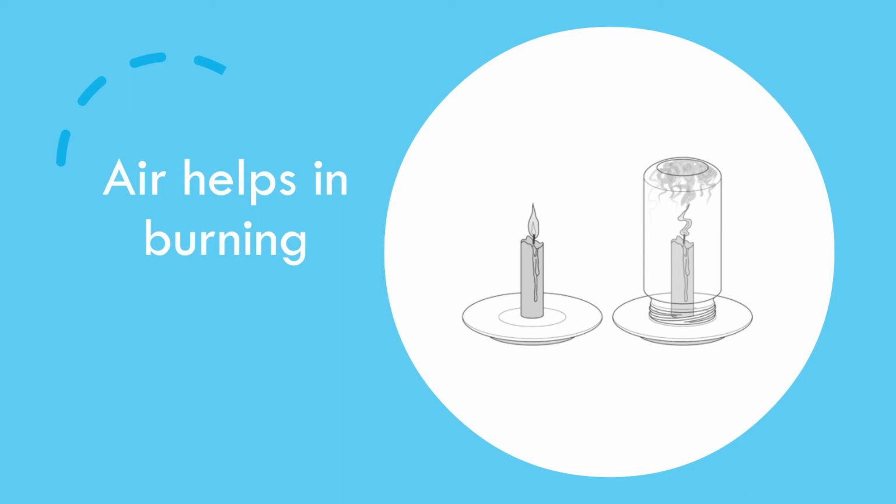If you cut off the supply of oxygen, what will happen? It will at first use the oxygen that is present inside the glass. It will burn for some time, and eventually the flame will go off as it uses up all the oxygen that is present inside the glass. So after some time the candle will extinguish.